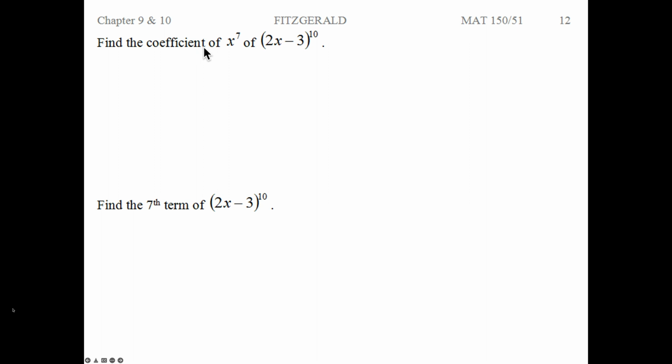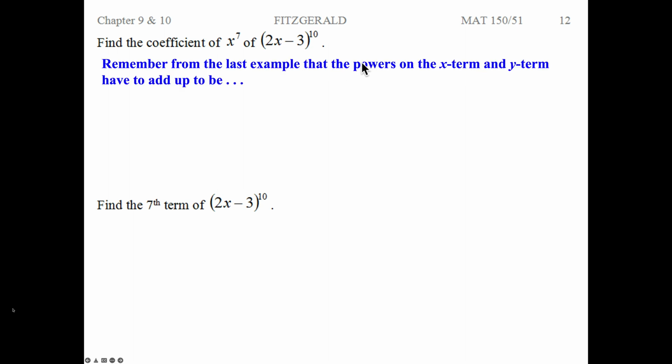Find the coefficient of x to the 7th power of 2x minus 3 raised to the 10th power. All right? So, if you remember back to our previous example, the x powers are descending. The y's are increasing. And they have to add up to be the same thing.